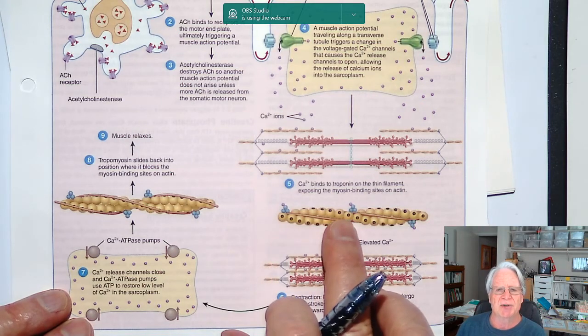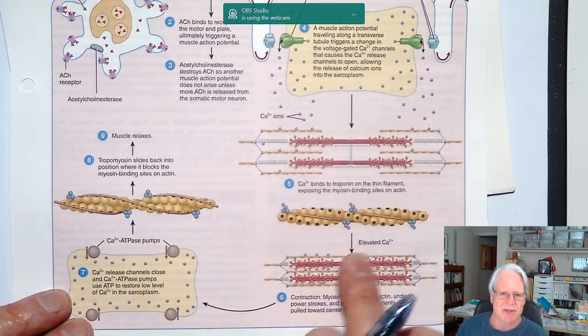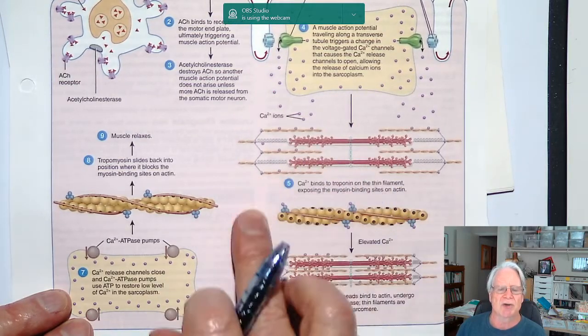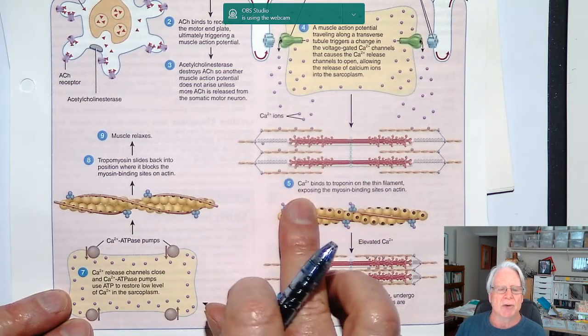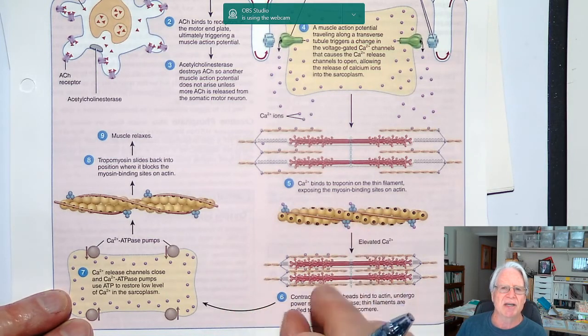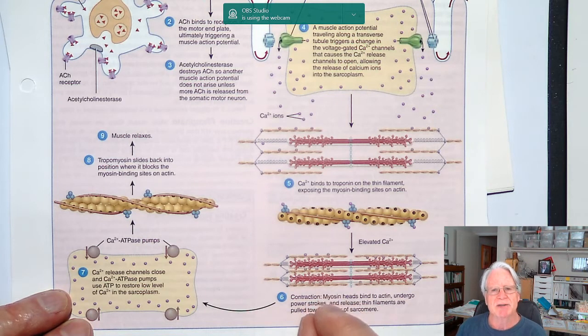If binding sites are exposed, we're going to have that constant cycle of binding, release, power stroke, and so on. So if this is an all or nothing situation, how is it that we can control the amount of force that is going to be applied by a particular muscle to do a particular job? And that's going to be our next lecture.